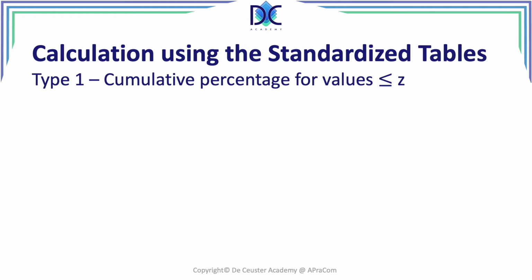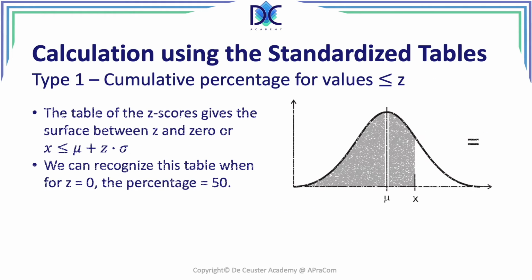Now, when we look at the tables, there are different tables that we can have. We have a table where we find the value to the left of the z value.